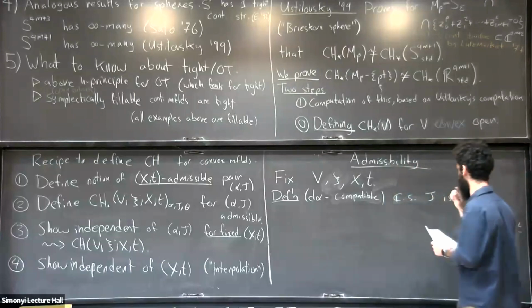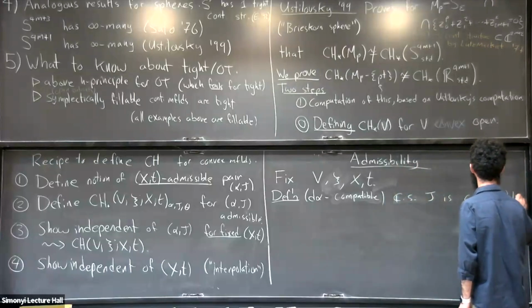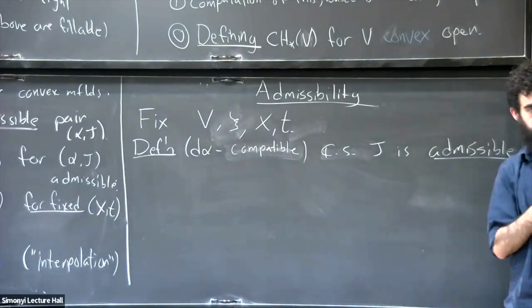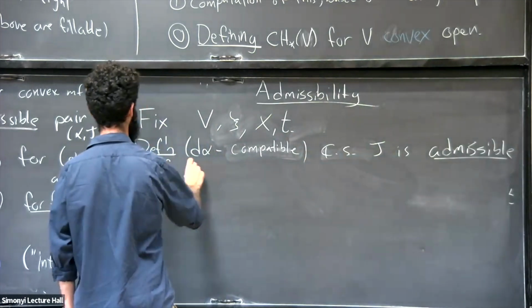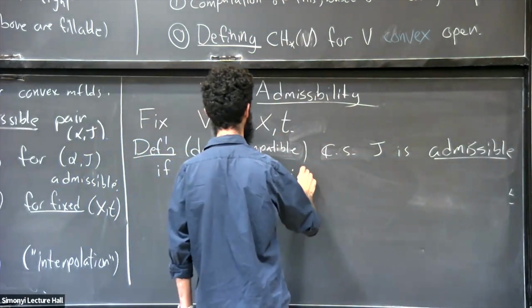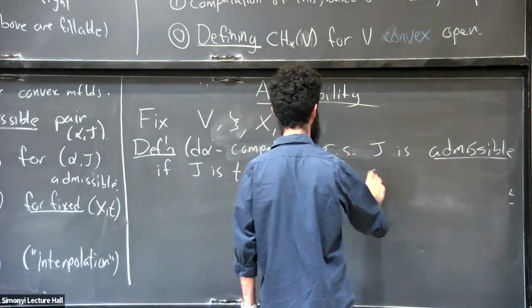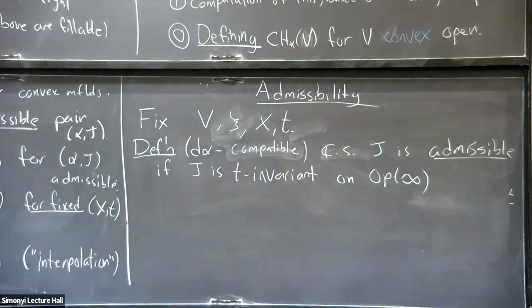J is admissible. Here, the only condition is that J be T invariant on the end. We're always having this end picture in mind.